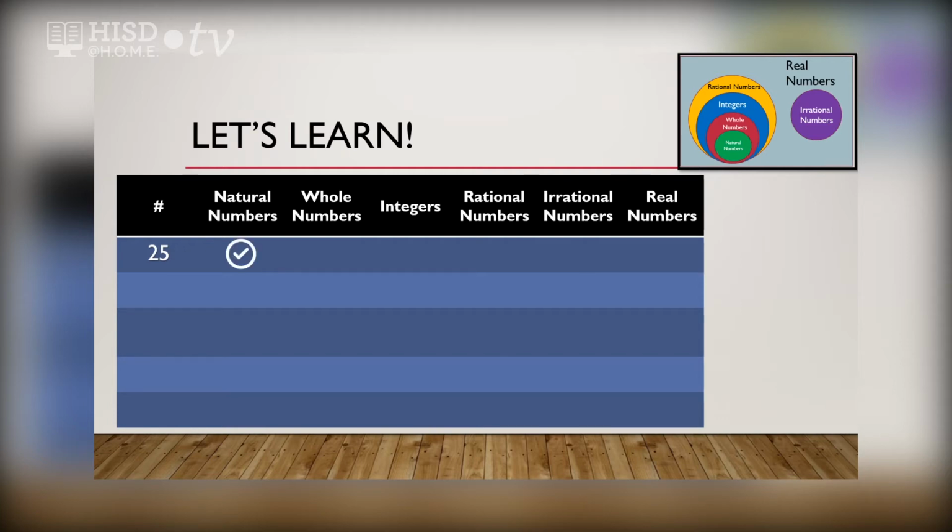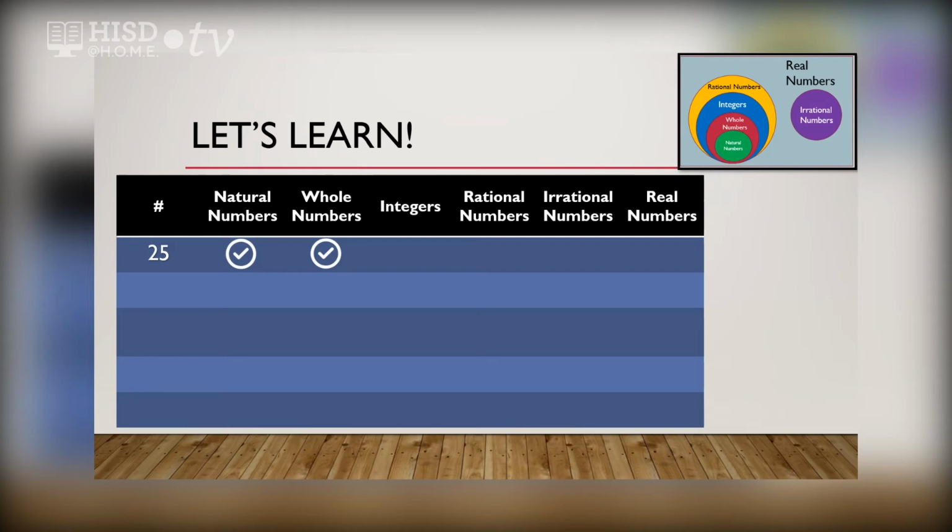So that means that the number 25 is part of the natural numbers. But then we have to think about what other groups the number 25 also lands on. So we can see on the diagram that the natural numbers are a subset of whole numbers. So that means that the number 25 is also a whole number.